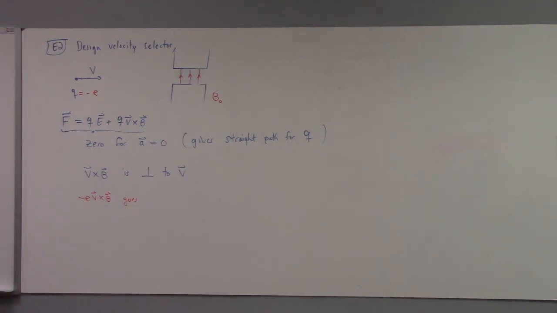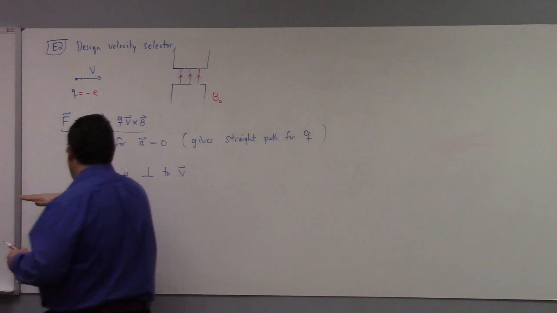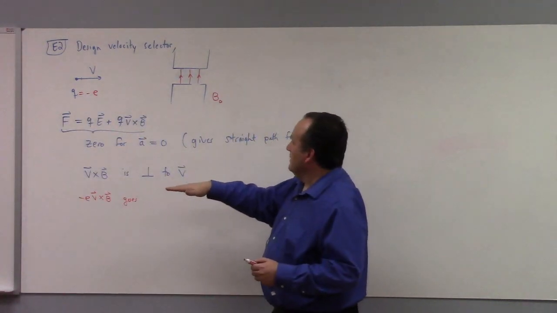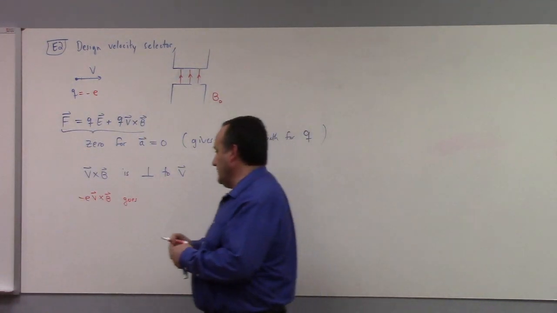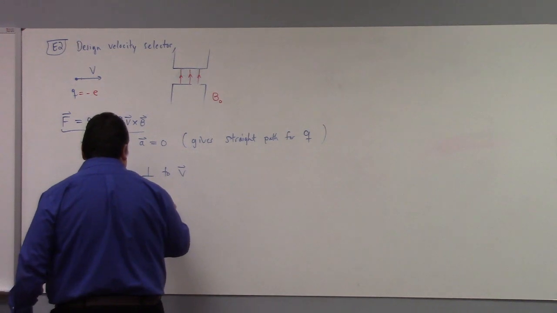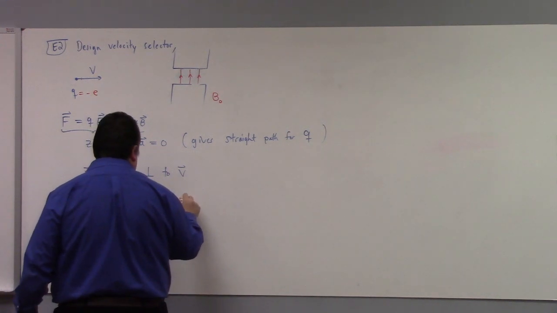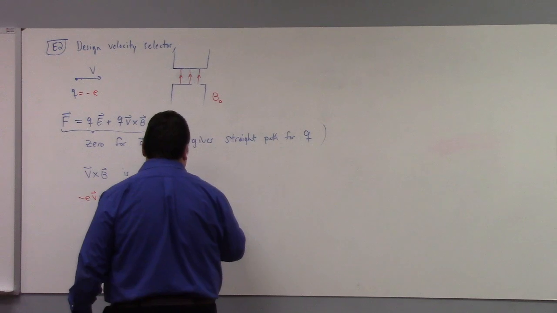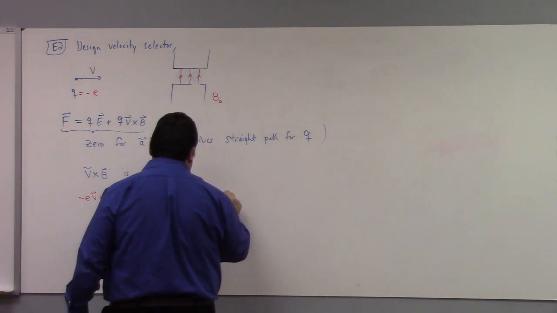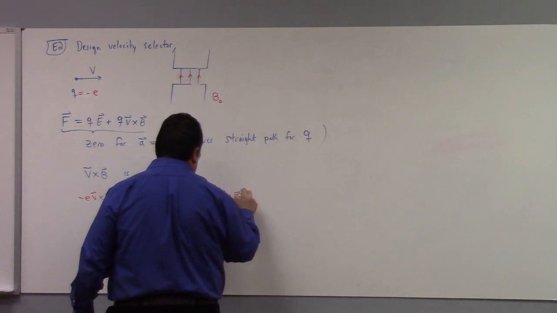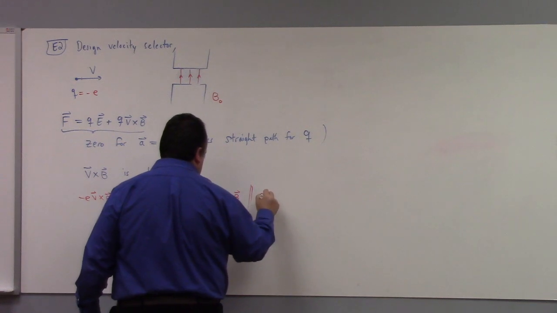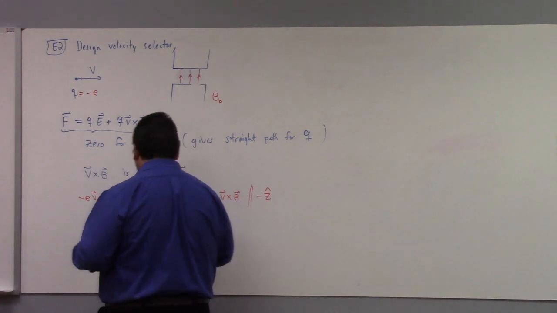Let's see here. So minus V goes this way, right? And then into the board, right? So we could say that minus E V cross B is parallel to minus Z hat, for instance.